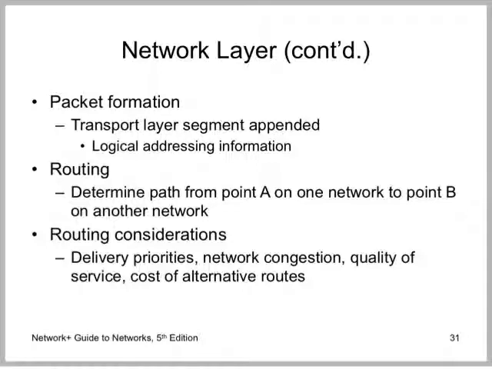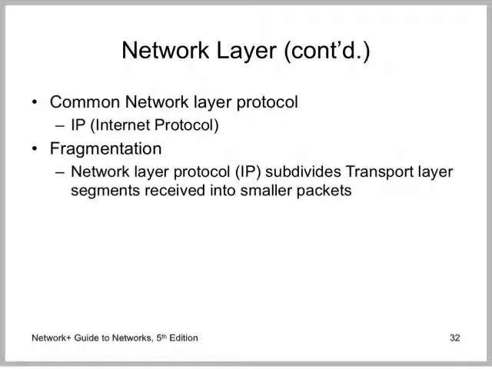In the video that I mentioned, there's a pretty cool part where it talks about how that works. Then the common network layer protocol, which I've mentioned already, is the IP, the Internet Protocol. This is the one the video calls the Wild Wild West, because IP is an open, connectionless protocol.